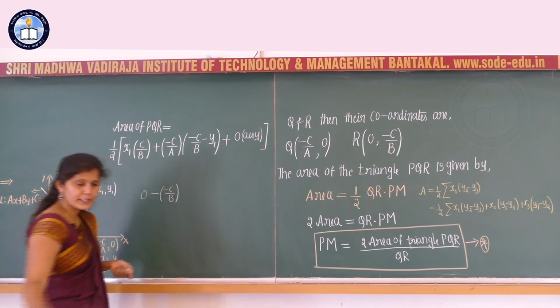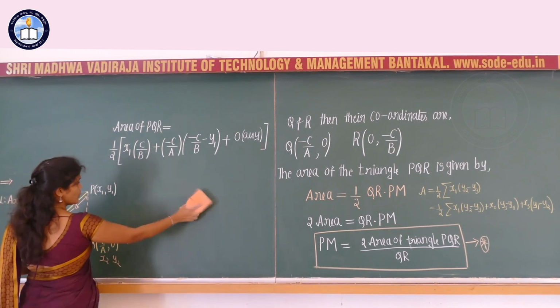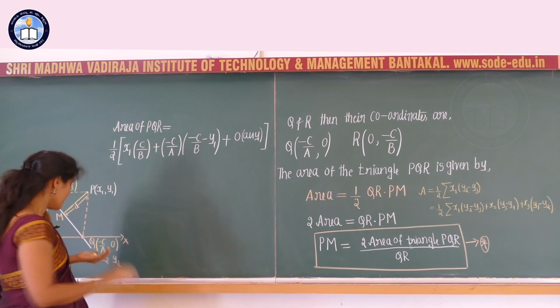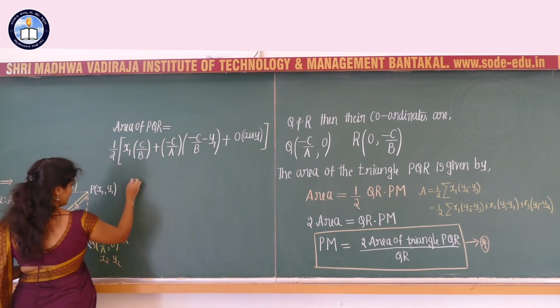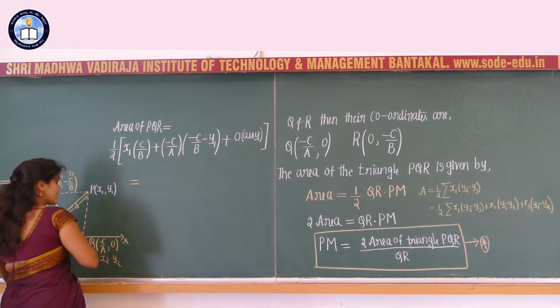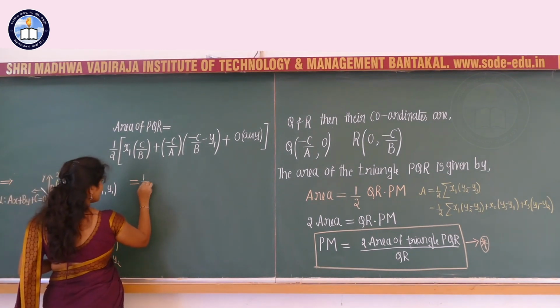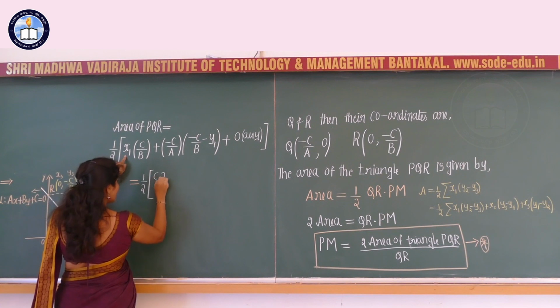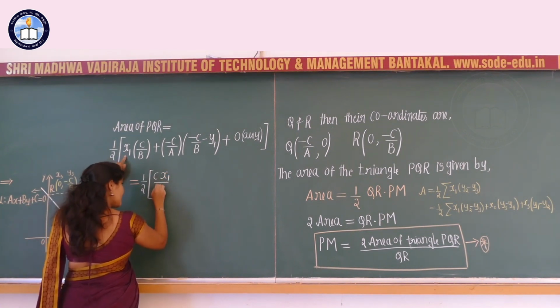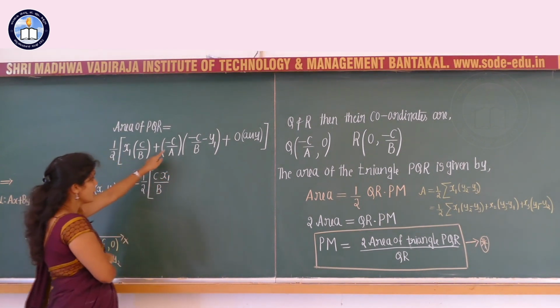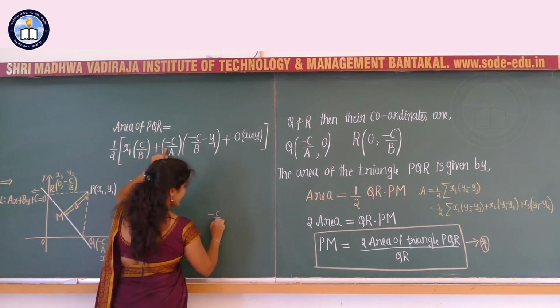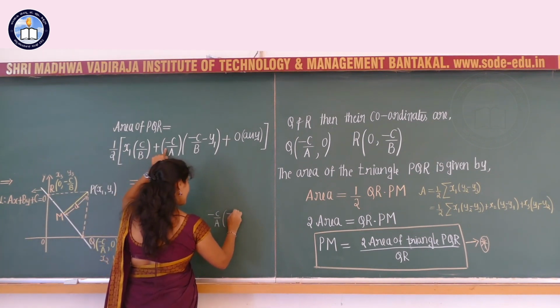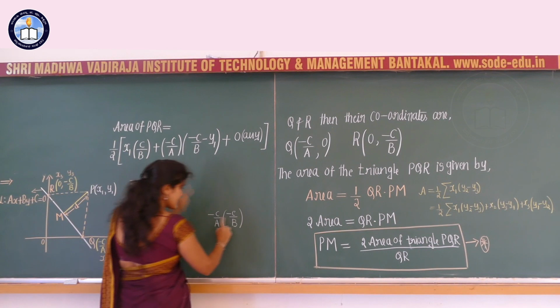So therefore I am not going to write y1 minus y2. What is y1 minus y2? So let us continue. Here I will continue, which is equal to 1 by 2 into, within the bracket I am having c into x1 divided by b, first term. Next minus c by a multiplied with minus c by b. What is this term?